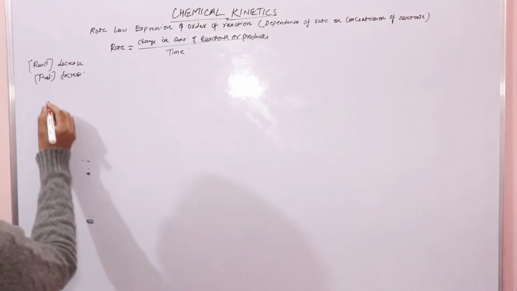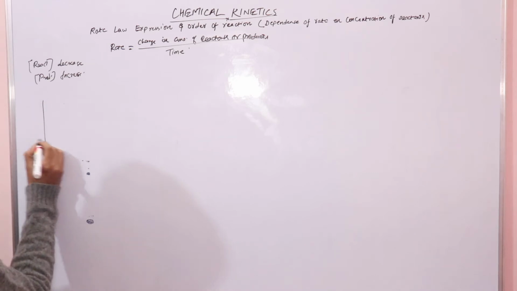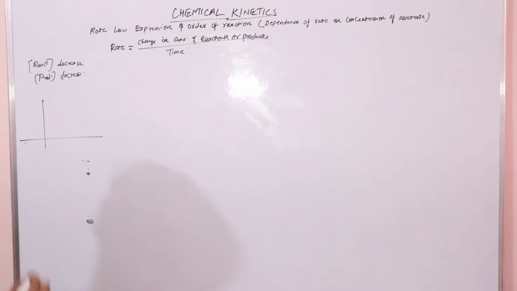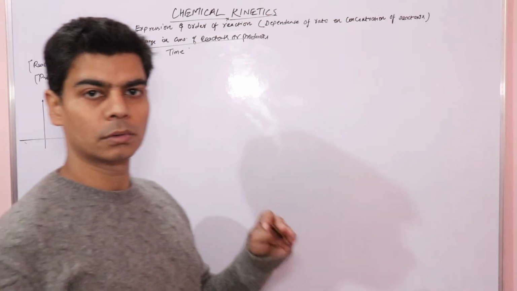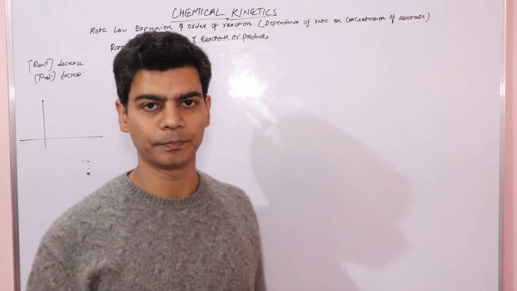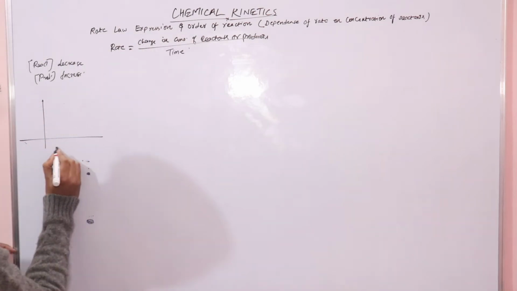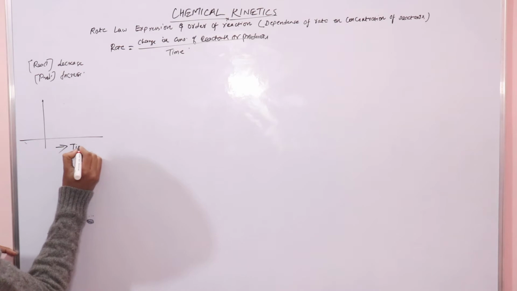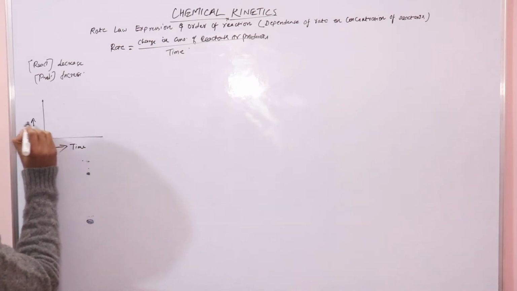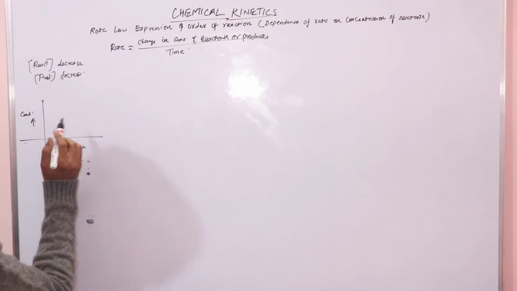So if we draw a graph, we have studied this in previous lectures, the graph between concentration of reactants or products and time, right? We mention time on the x-axis and concentration of reactants or products on the y-axis.